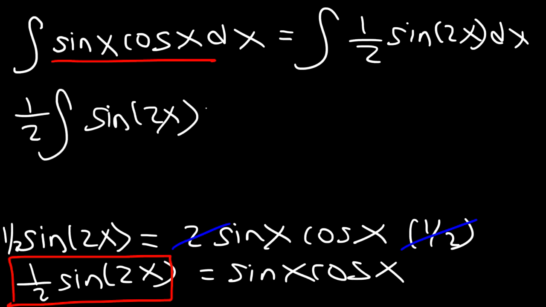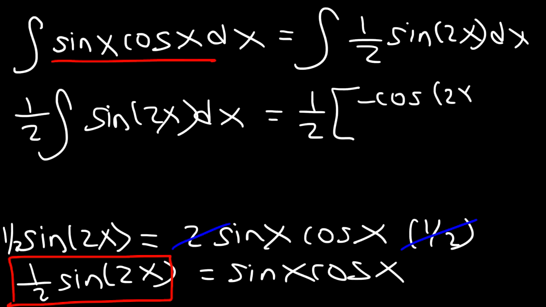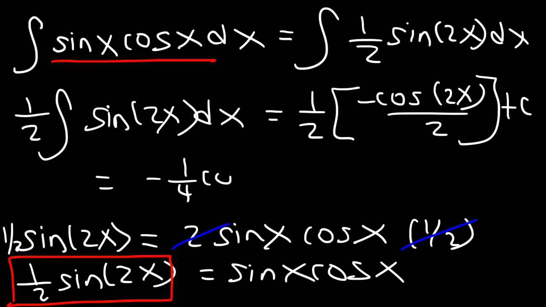Now what is the antiderivative of sine 2x? The antiderivative of sine is negative cosine. The angle will stay the same, 2x, and then we need to divide it by the derivative of the angle, which is 2, and then plus c. So the answer that we have is negative 1/4 cosine 2x plus c.